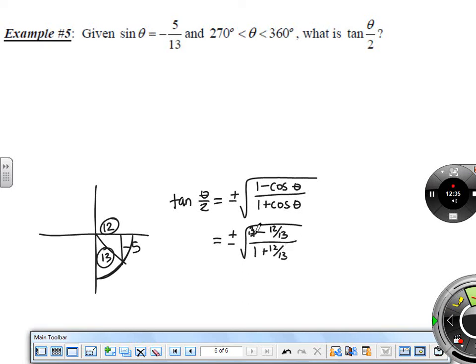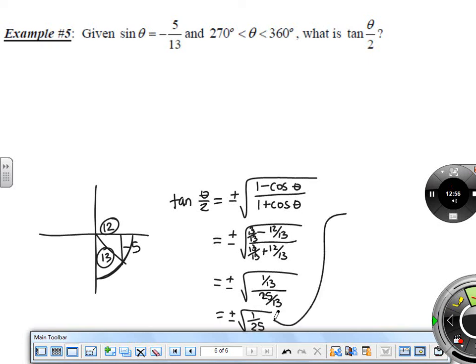And again, we're going to make common denominators and simplify like we did previously. So the square root of 1 over 25 is 1/5.